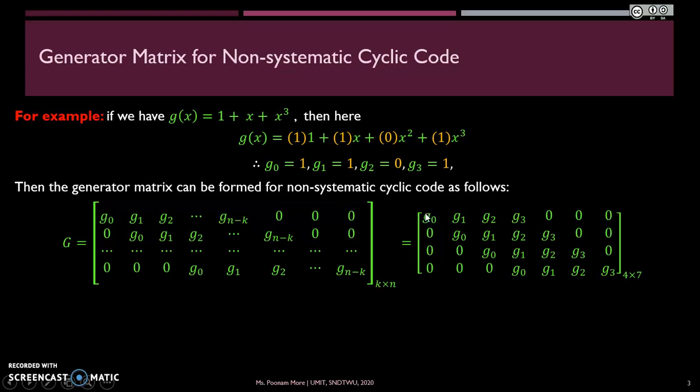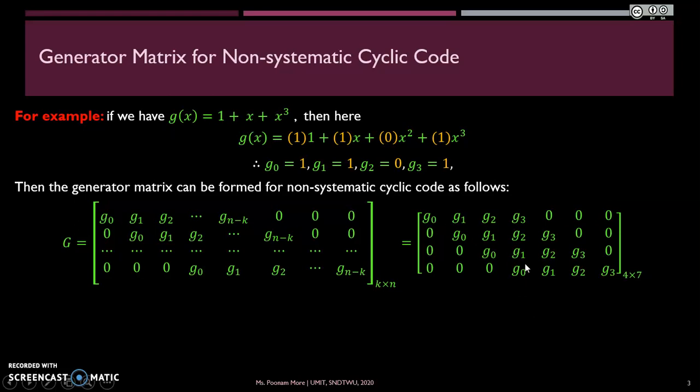Now we will perform the right shift on this first row, and from that we can form the second row as shown over here. Then applying the right shift on the second row, you can get the third row, and again by applying the right shift on the third row you will form the fourth row. So this is how the complete generator matrix for this generator polynomial is formed.